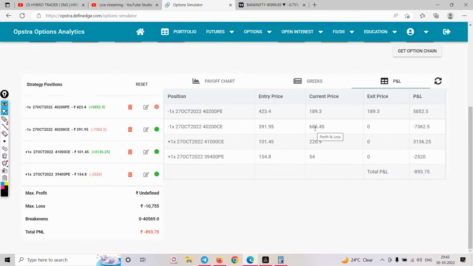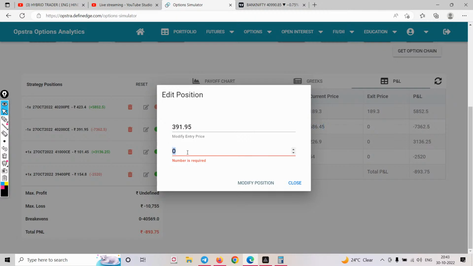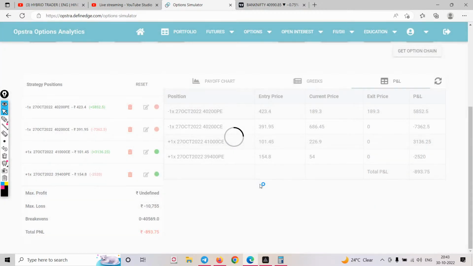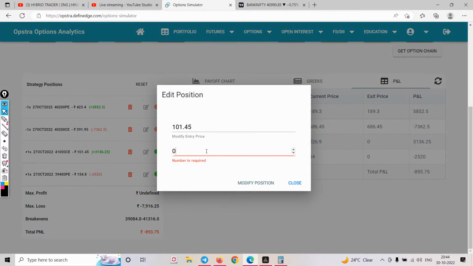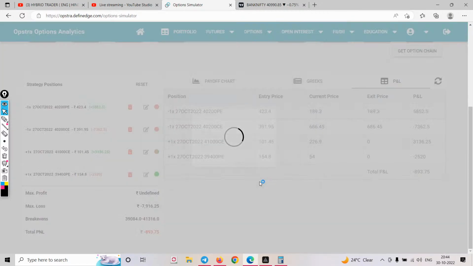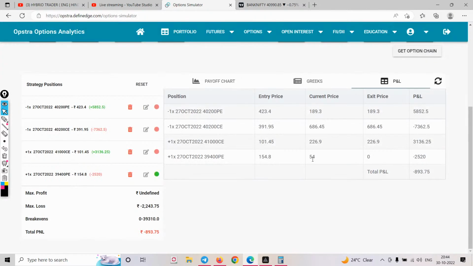I don't want to do the firefighting, start deploying broken wing flies, start deploying unnecessary calls from the opposite side, by deploying my hard-earned capital. Why should I do that? I'll just exit.